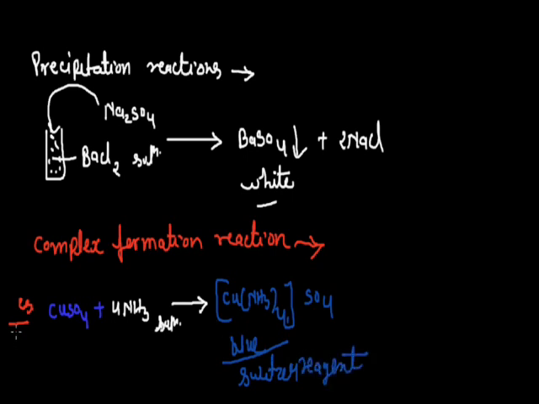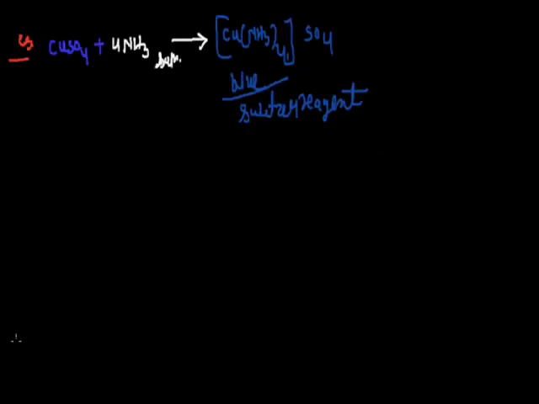And we are taking another example of this type of complex reaction, copper sulfate solution, that is the blue color, reacts with potassium ferrocyanide, which is light green color.